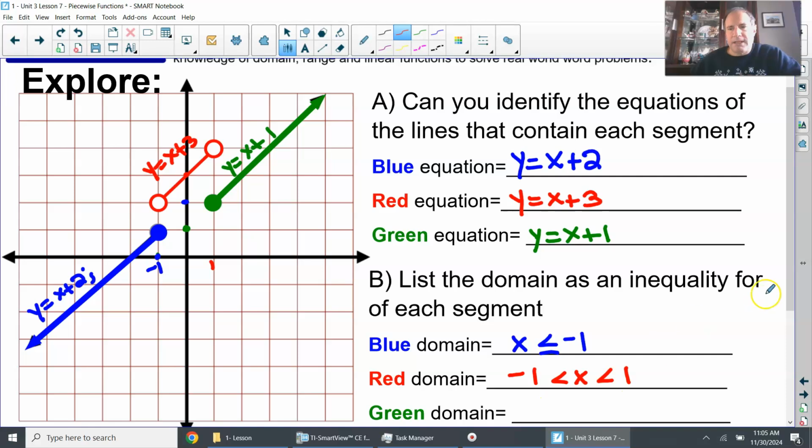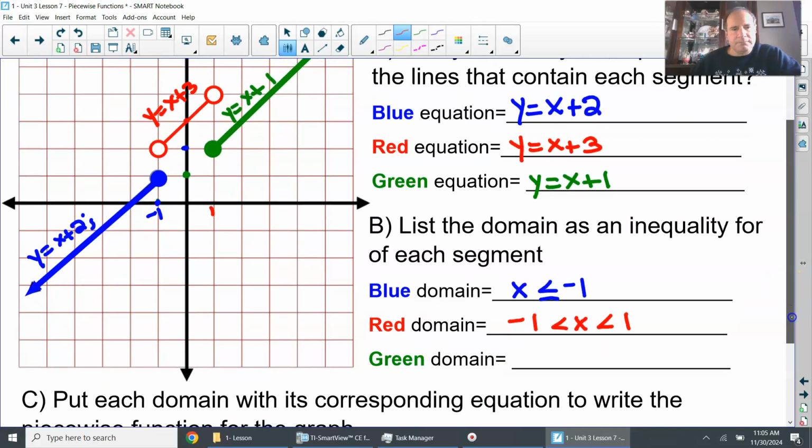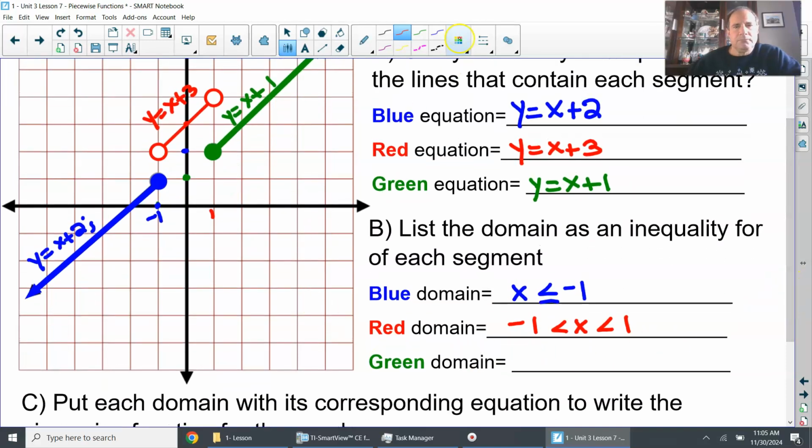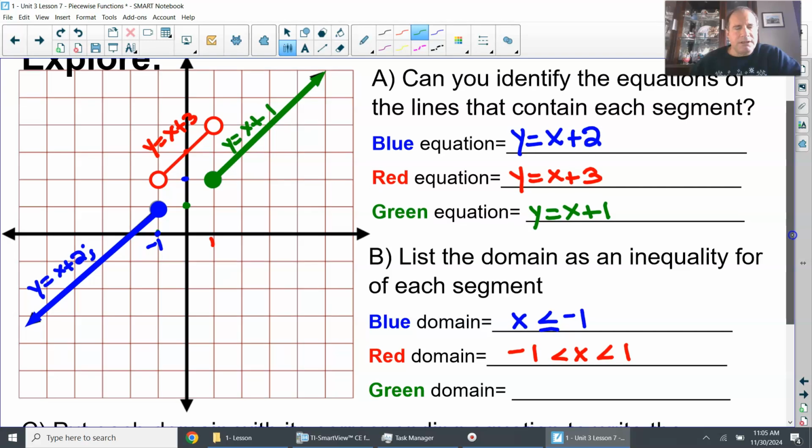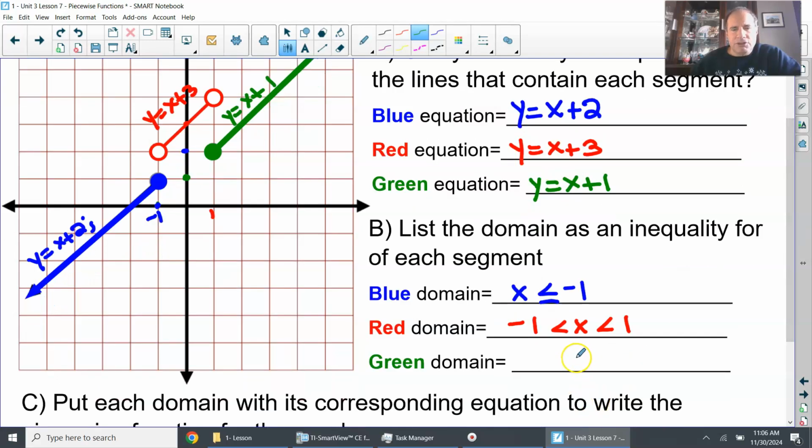The green domain starts at 1 and is not circled on the other side. That's an arrow. So that means it's just x is, and that's supposed to be green, and that's supposed to be x is greater than or equal to 1.